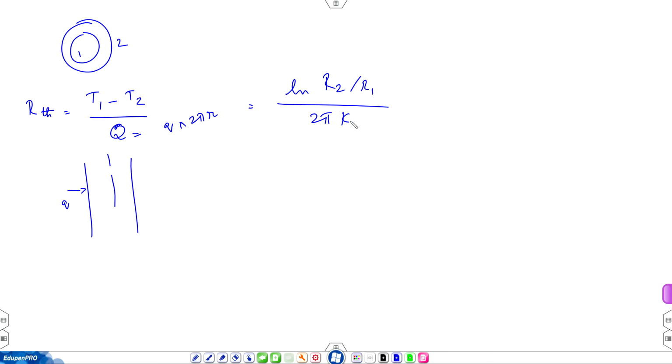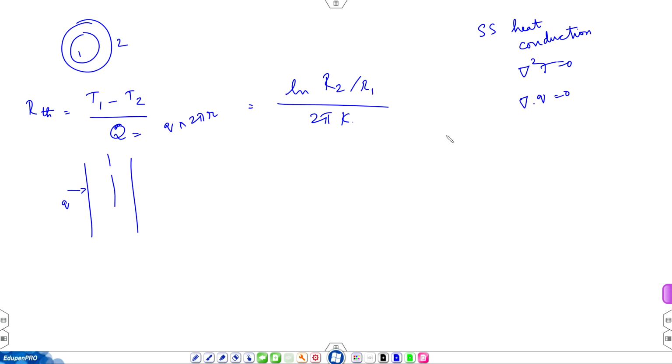I hope you understand that steady state heat conduction is given by del square T equal to 0, which is really del dot q equal to 0.